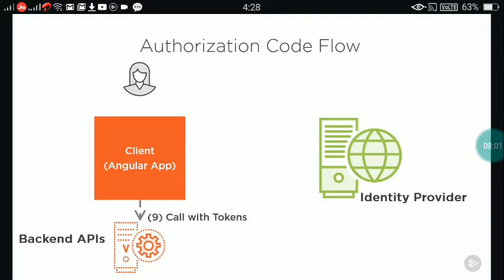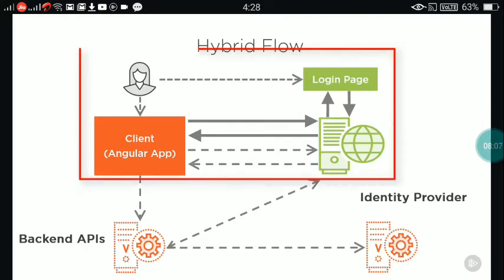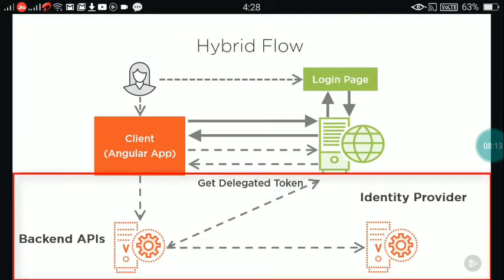I'll go into more detail on this flow shortly. Another flow in the OIDC protocol is hybrid flow. This flow starts the same as authorization code flow, but also involves obtaining a token for the end user on the back end for calling out to downstream services or APIs on behalf of the user.